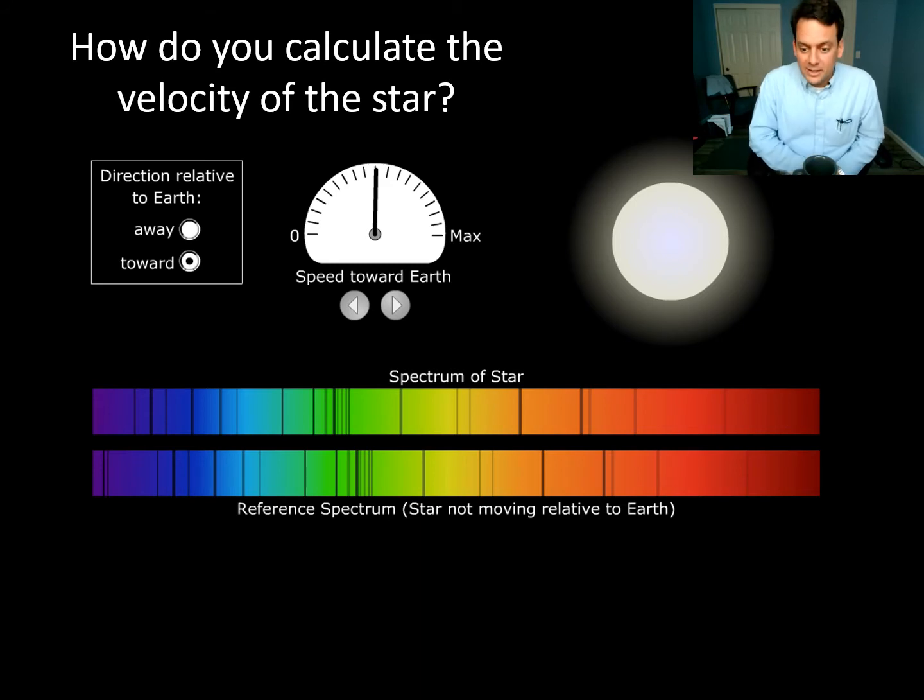Well, here's the answer. As we've already said, if a star is moving towards the Earth, it will be blue shifted, which means that any given wavelength will be shifted towards the blue end of the spectrum. And for the same reason, any missing wavelength, any absorption line, will be shifted towards the blue end of the spectrum.